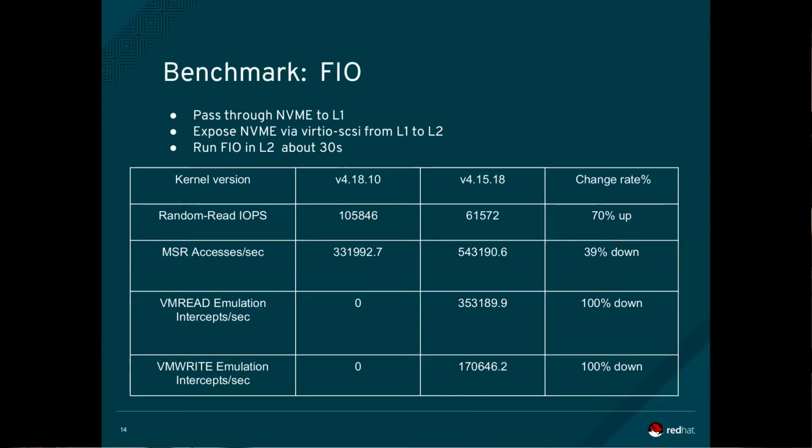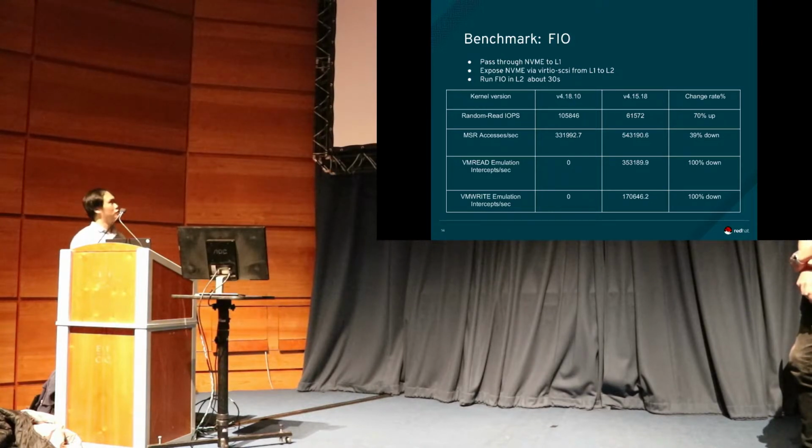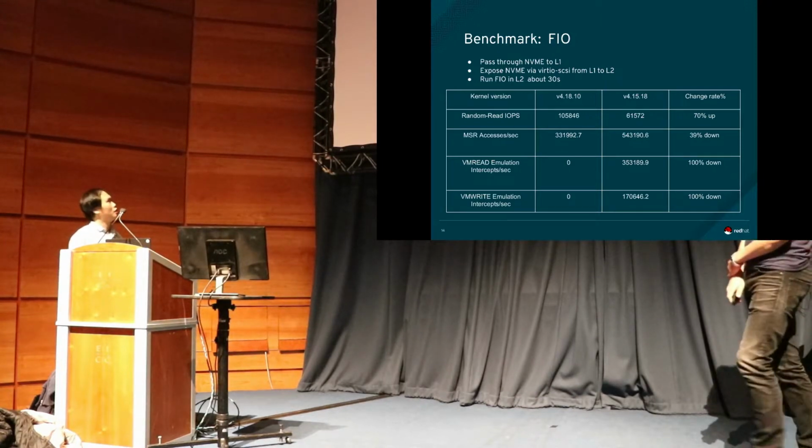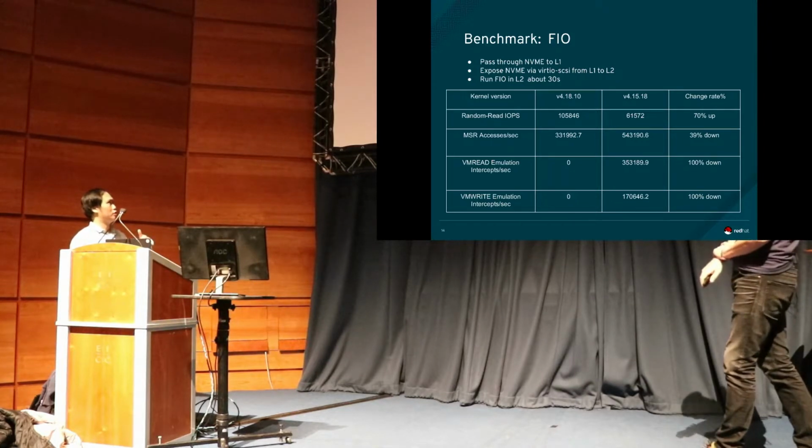Next, we also compare the storage performance data with the previous Enlightened features and without them. In our test environment, we pass through the NVMe to the L1 guest and expose the NVMe via virtio SCSI from L1 to L2 and run the FIO benchmark for about 30 milliseconds. We compare the data when we use version 4.18 and version 4.15 in the L1 guest.